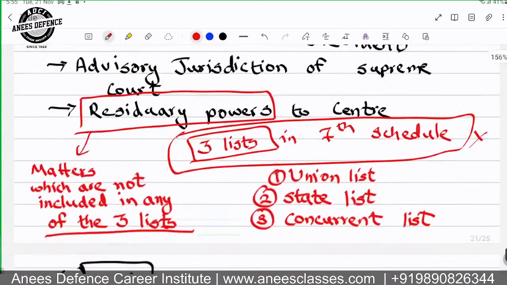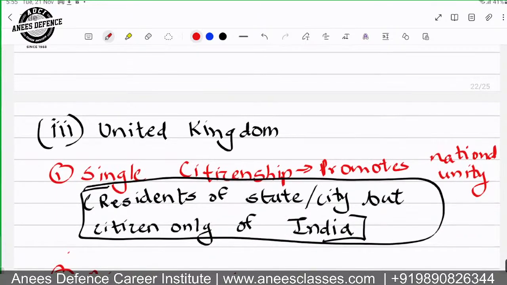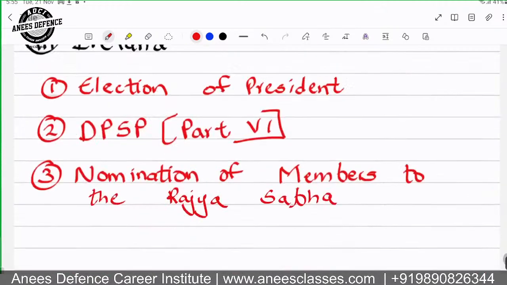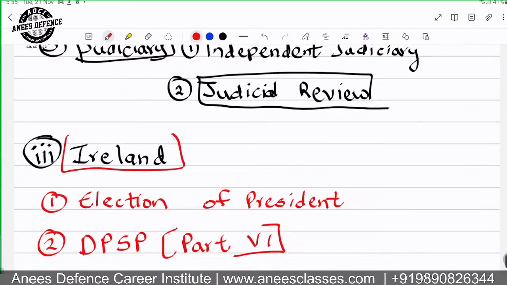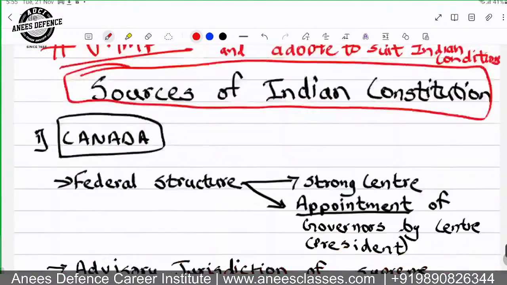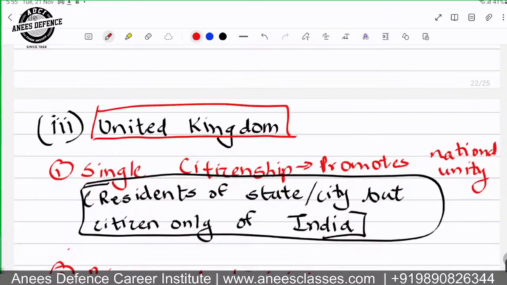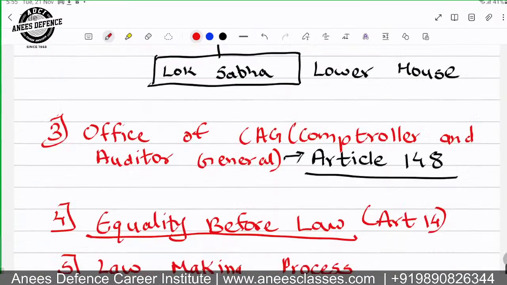Canada, then US, Ireland, United Kingdom, single citizenship and all this.